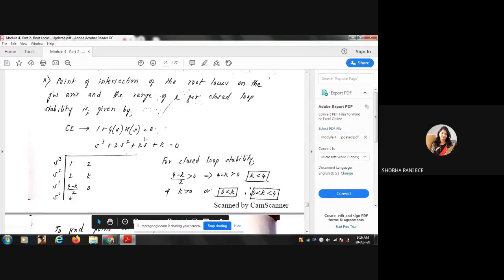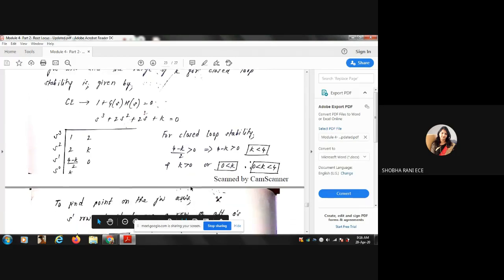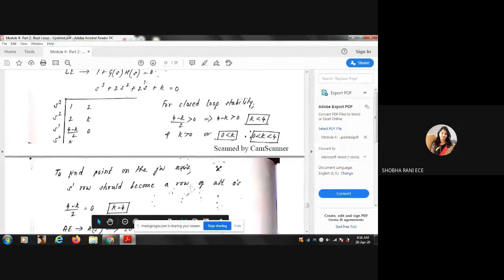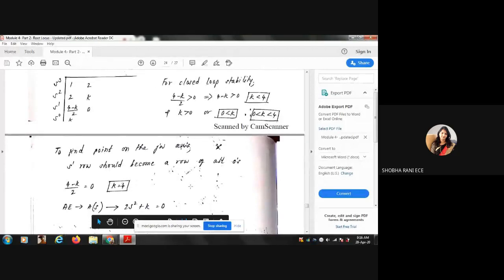The only option is that the s power 1 row should be made equal to 0. So in order to make this s power 1 row equal to 0, it clearly means that 4 minus k by 2 should become equal to 0 in order to get a row of all zeros, isn't it? So 4 minus k by 2 is 0. I get 4 minus k as 0. K is equal to 4.